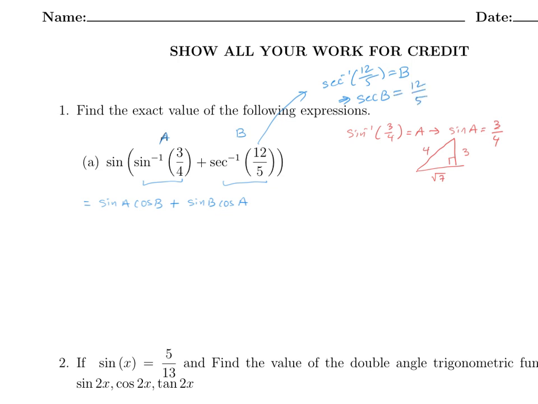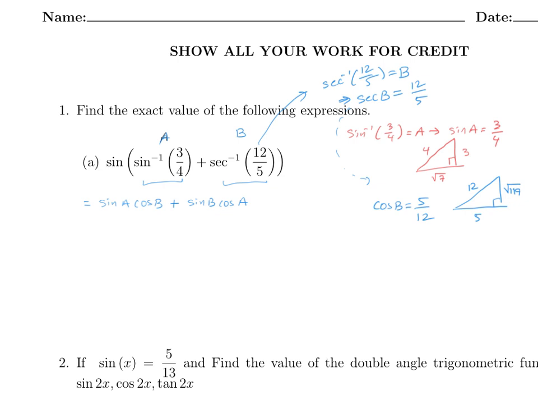But if secant is 12/5, that means the cosine of B is 5/12. Then if we do a triangle 2, this will be 5, this will be 12, and you use the Pythagorean theorem. This is the square root of 119, which is not a nice number, and by nice I mean you cannot simplify it more.